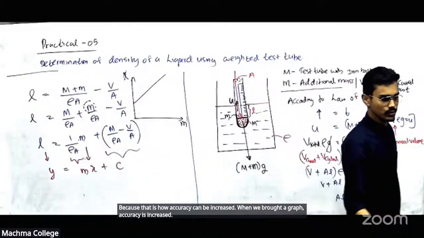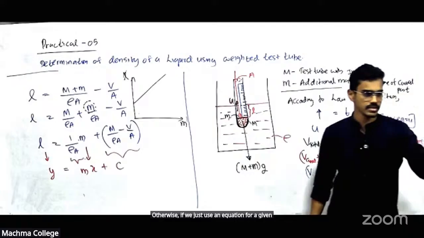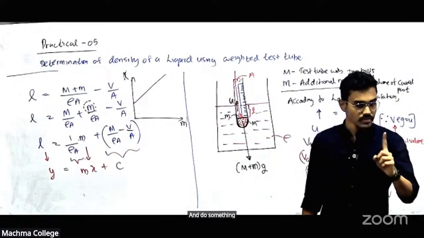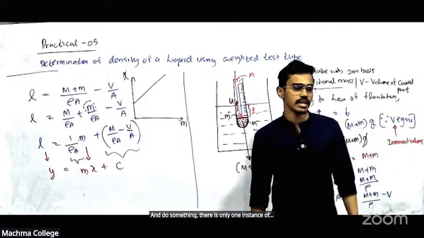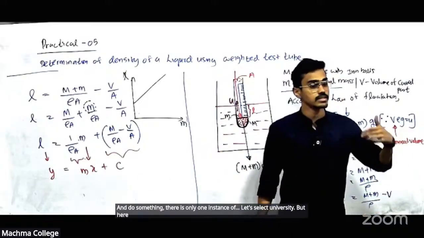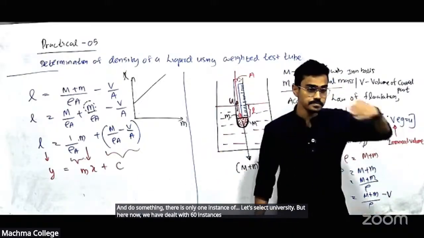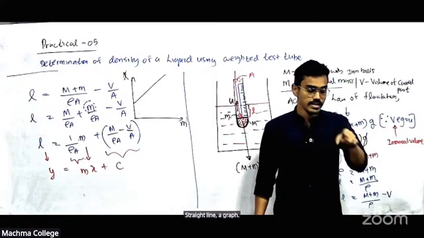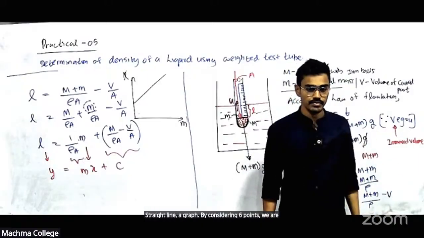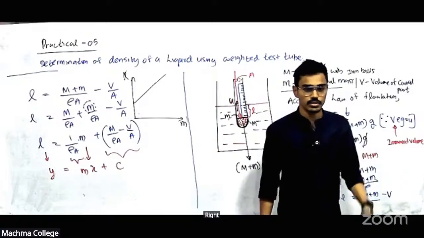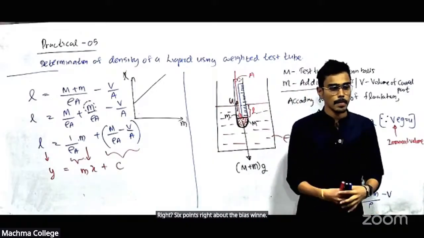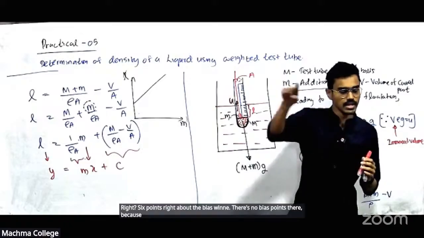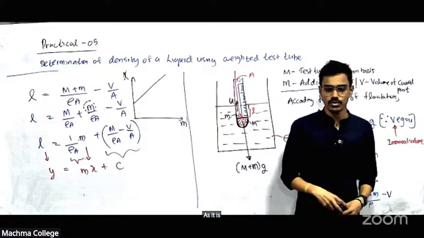Otherwise, if we just use an equation for a given instance, there is only one instance and more inaccuracy. But here we have dealt with 6 instances and a straight line graph. By considering 6 points, we are plotting a graph. There are no biased points, because we are plotting the graph unbiased for all 6 points.